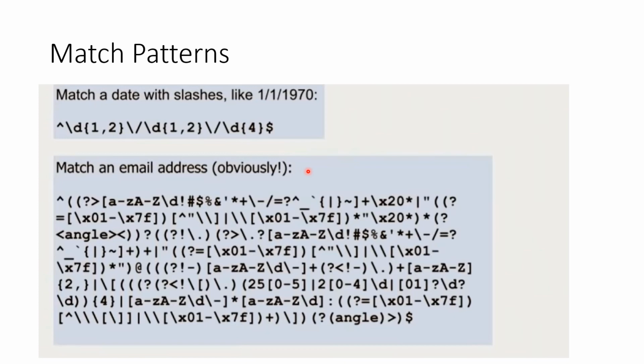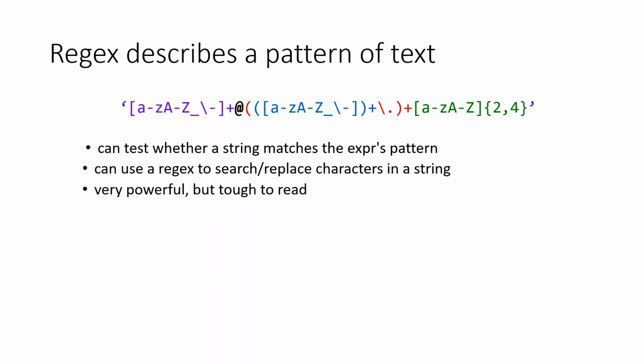And you can match more complicated things. Email is notoriously difficult to match for some reason. It's unlikely that what I have here is actually correct, and there are probably some edge cases of types of valid email addresses that it misses. But nevertheless, this is the point of regex. Regex describes a pattern of text.